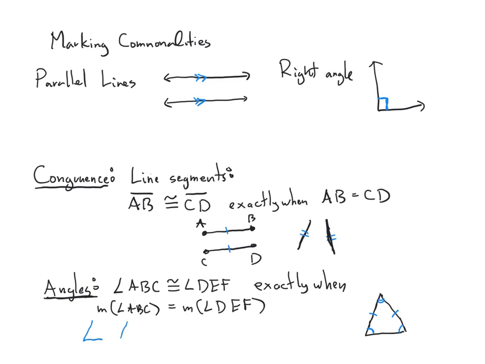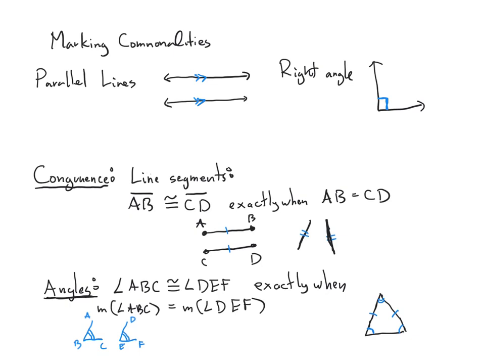So if these are our two angles, A, B, C, and D, E, F, then to show that the measures are the same, they have the same measurement in degrees, then we just put an arc there. And again, you could use a different amount of arcs on sets of angles that are congruent, just to say that this set is all congruent to each other and not to the other angles.